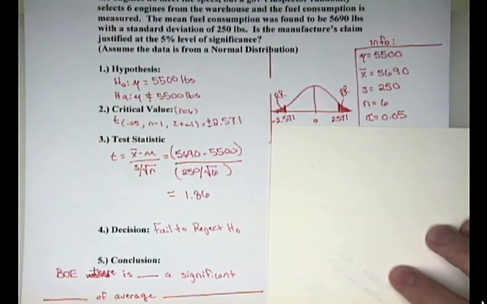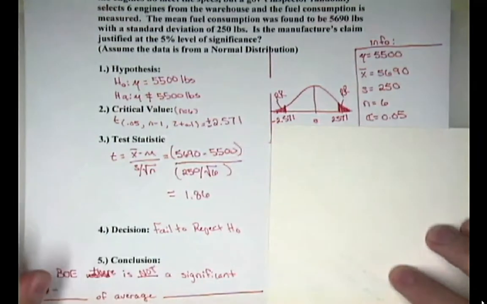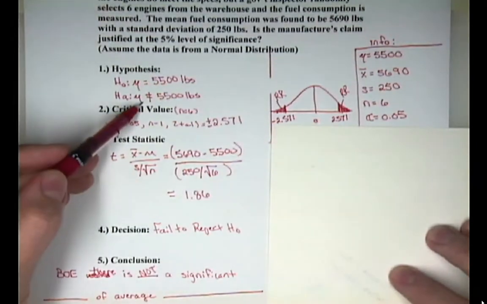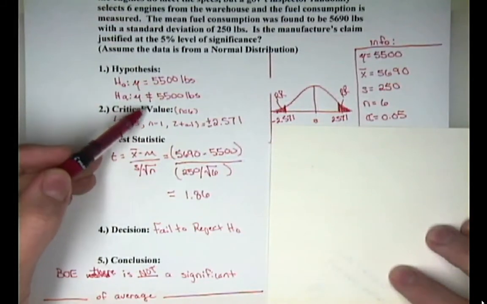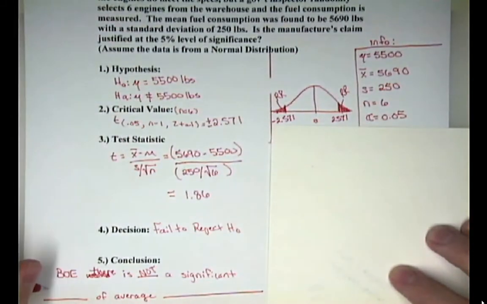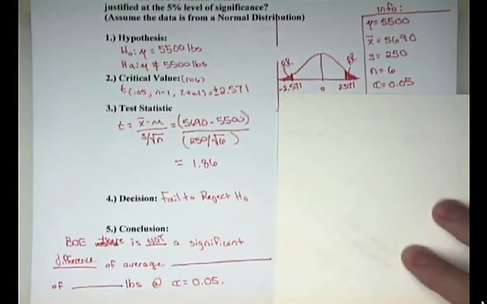Since we are failing to reject H0, we will say, based on the evidence, there is not a significant. You look at your symbol in your alternative hypothesis. This indicates significant difference. So we're going to write the word difference. Either way, right? We don't care if it was too big or too small. We want to know either way.